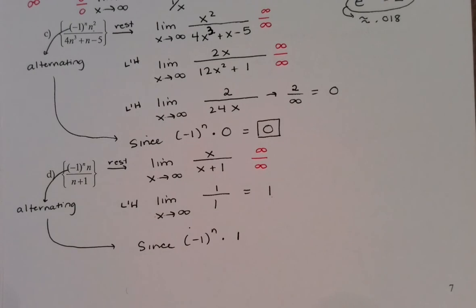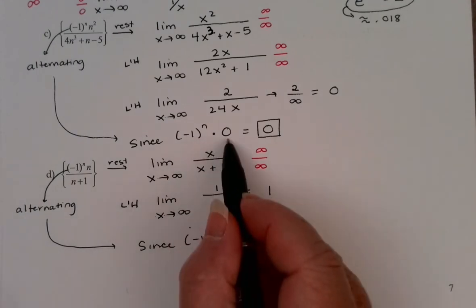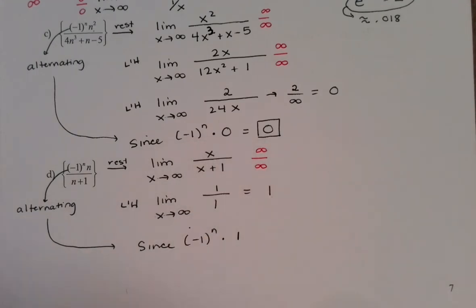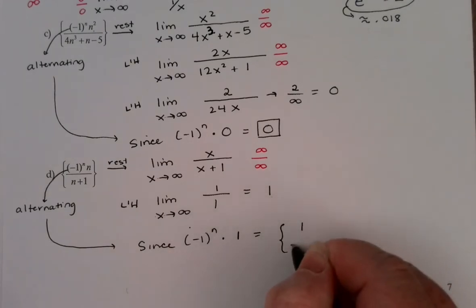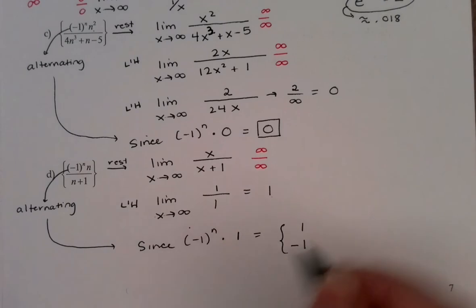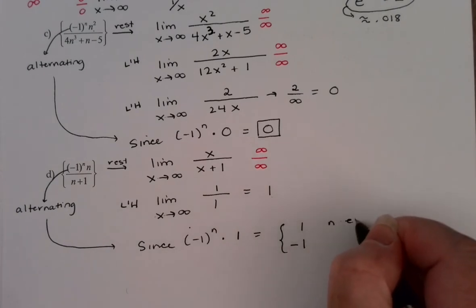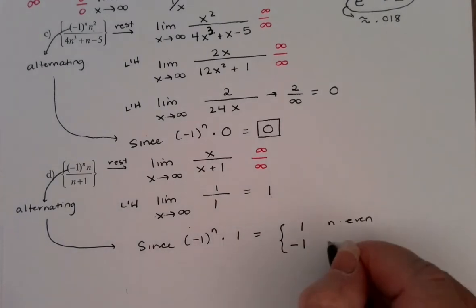And notice this time we don't consistently approach the same value, right? Not like here, where the product was 0 no matter what. This is either going to be 1 or negative 1. 1 if n is an even number, and negative 1 if n is odd.